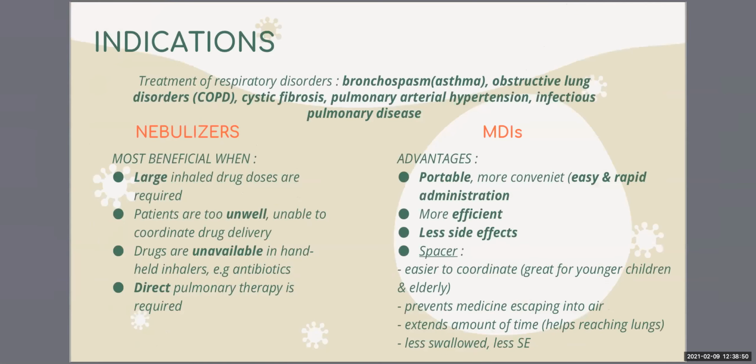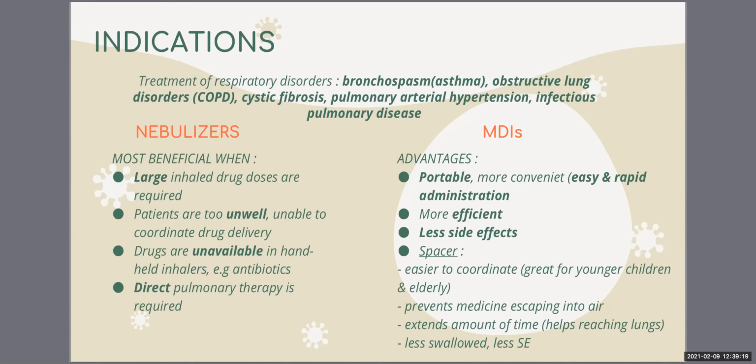Mainly, these two devices are indicated to treat respiratory disorders, for example, bronchospasm, which is commonly caused by asthma, and obstructive lung disorders, for example, COPD, cystic fibrosis, pulmonary arterial hypertension, and also infectious pulmonary disease.